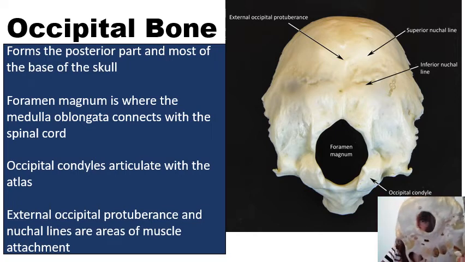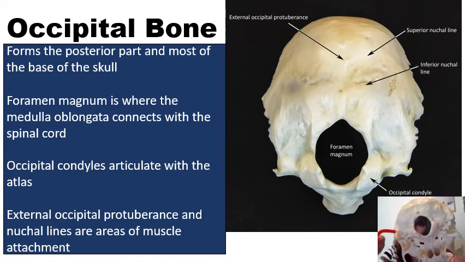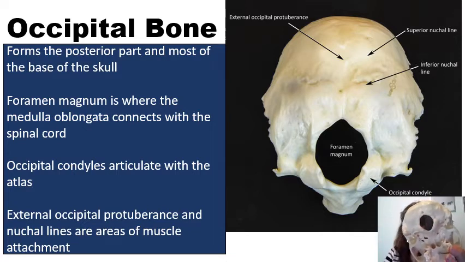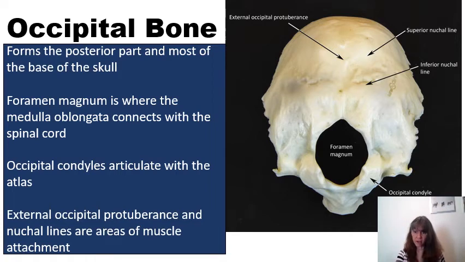These smooth curved surfaces are referred to as occipital condyles. The occipital condyles are going to form an articulation, which is a joint, with the first cervical vertebra called atlas. Because they're curved, 50% of nodding occurs between occiput and atlas.